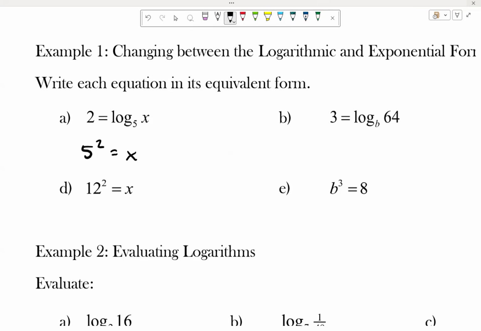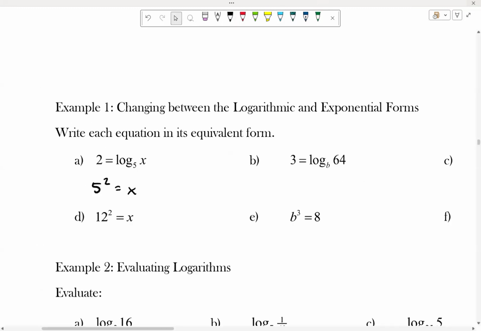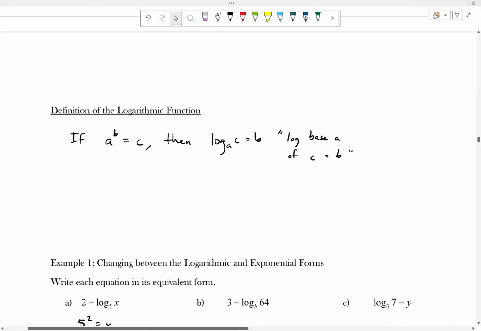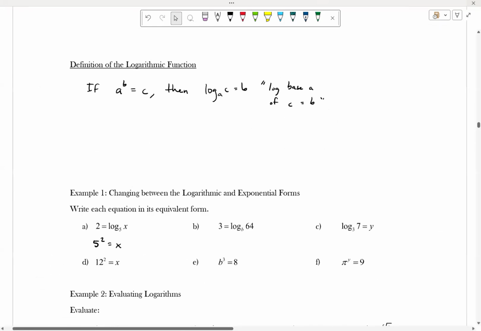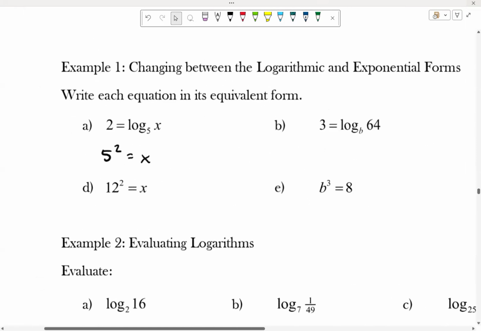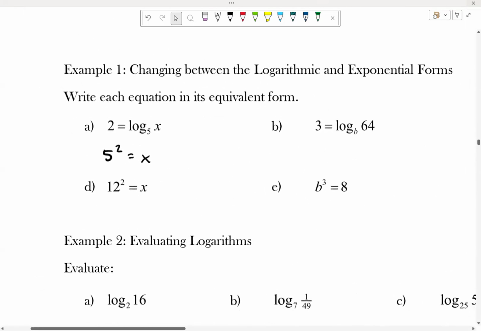And I've finished the problem. Where's log? By definition, these are equivalent. So I'm just rewriting it. You don't want to simplify that to 25. There's no need. It's not saying to solve for x. It's saying to write in its equivalent form.